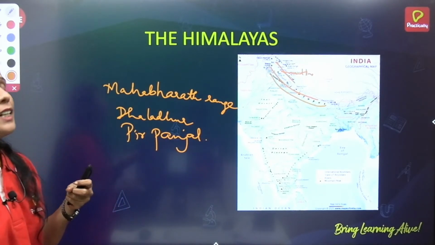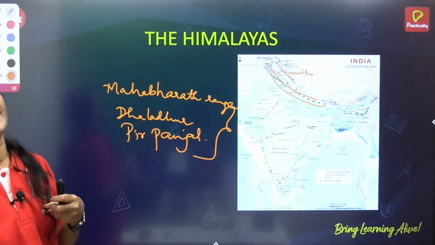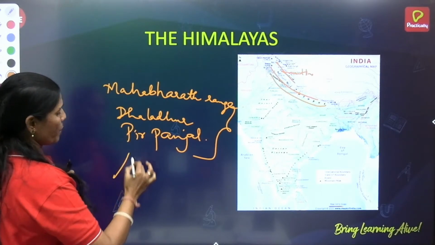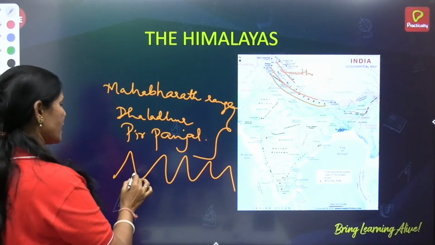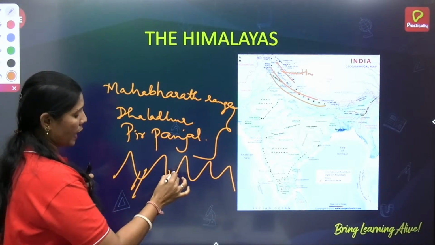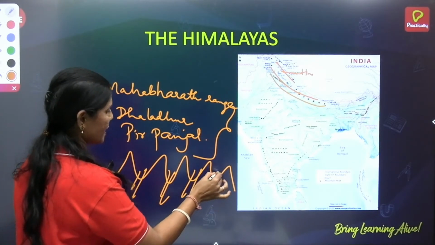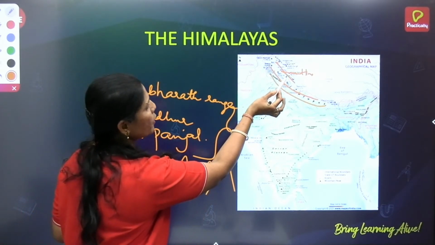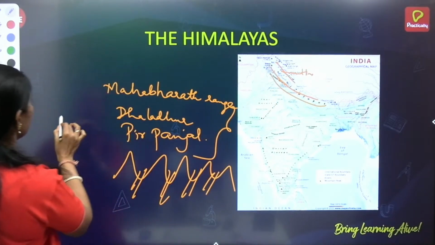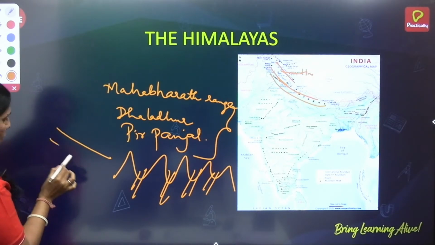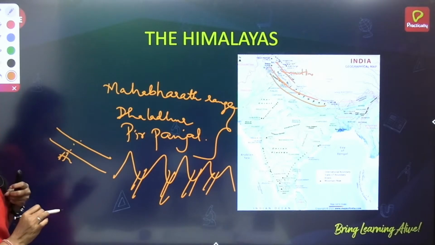A range means a continuous mountainous structure. In between these ranges we find valleys and low-lying lands, also between Himadri and Himachal, and between Himachal and Shivaliks.